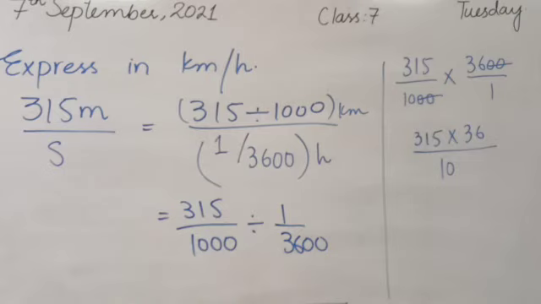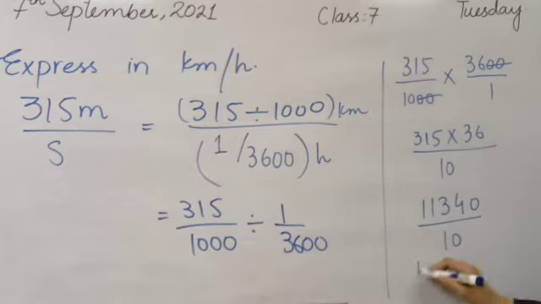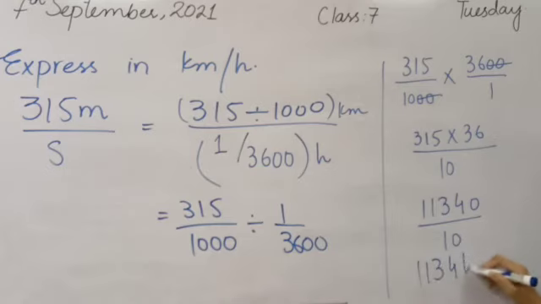When we multiply 315 with 36, we get 11,340. Now divide this with 10. After dividing, you will get 1134. This is now in kilometer per hour.